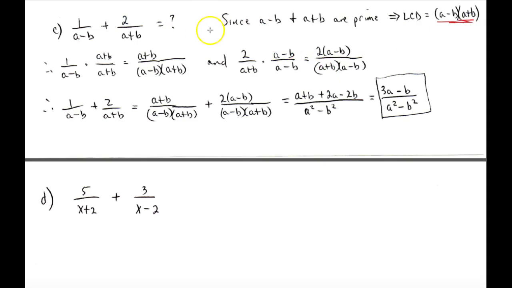This is very much like if we were doing 1/3 minus 1/5, and we wanted to add those two particular fractions together. We know that 3 and 5 are both prime numbers, so therefore the LCD would just be the product of those, which would be 3 times 5, which is 15. So this example sort of mimics that.